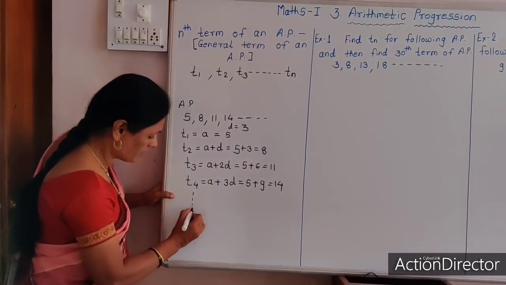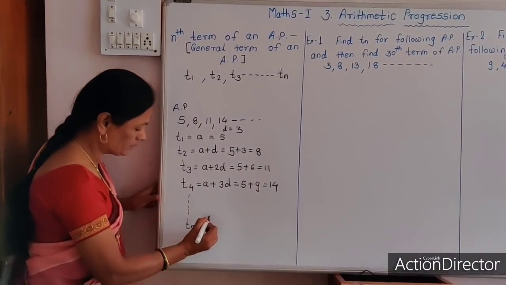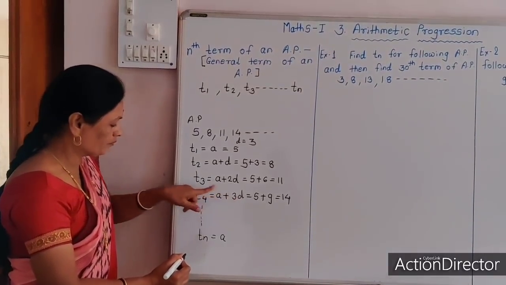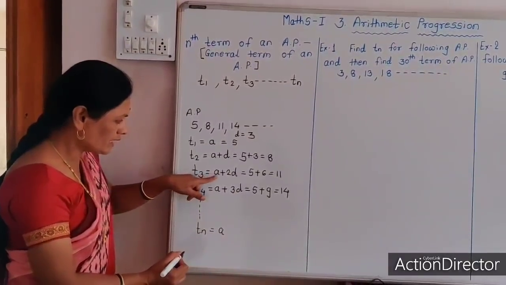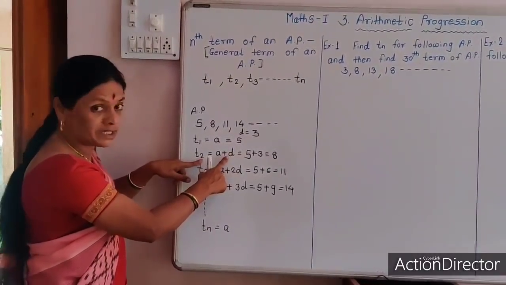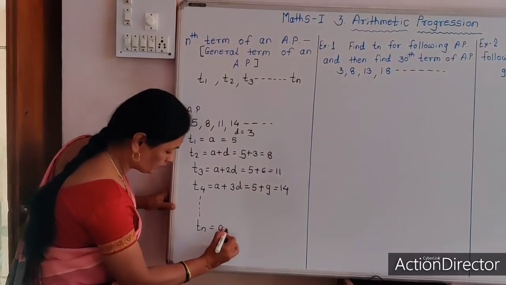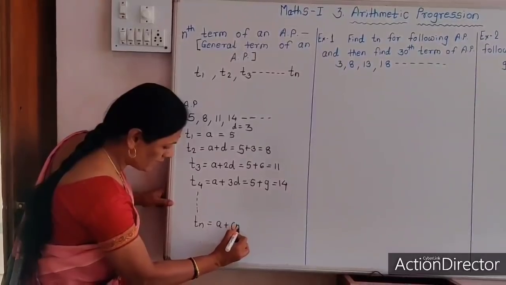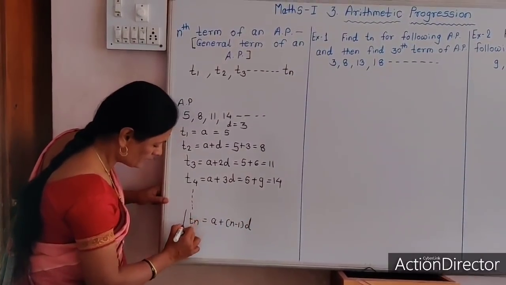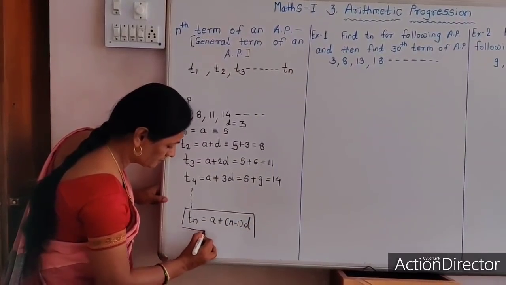In the same way, look here, T4 is equal to A plus 3D, T3 is equal to A plus 2D, T2 is equal to A plus 1D, and therefore Tn is equal to A plus n minus 1 D. That is the formula for finding the nth term.